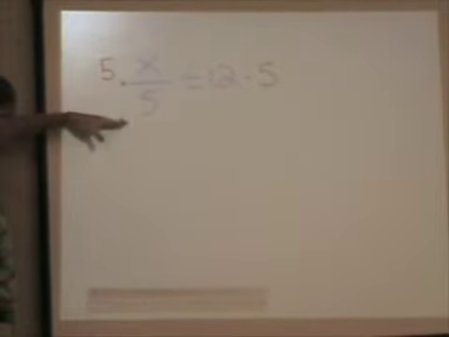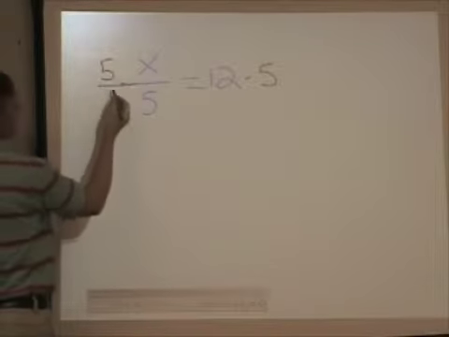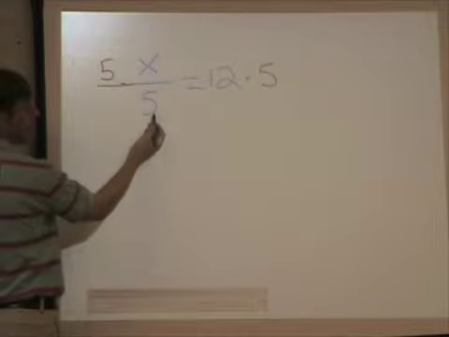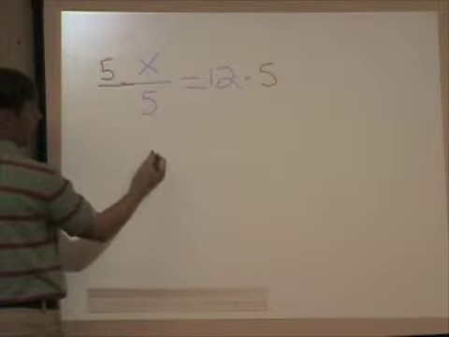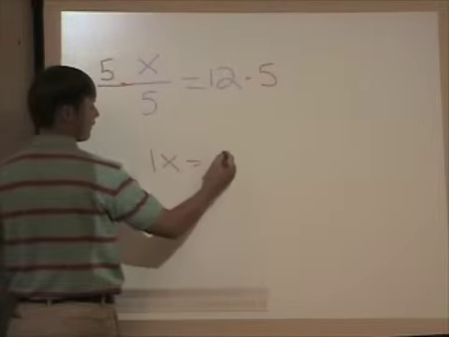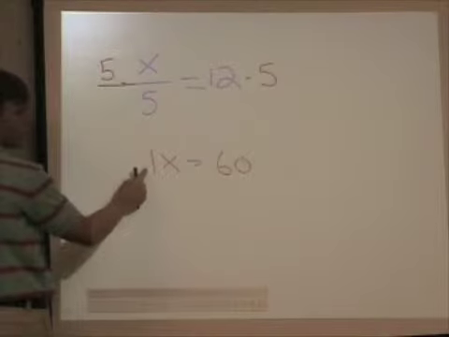That's right. Now, when I multiply by 5, I don't do it on the bottom, I do it on the top. Now watch this. What is 5 divided by 5? 1. So really I have 1x equals, what's 12 times 5? 60. Because 5 divided by 5 was 1.